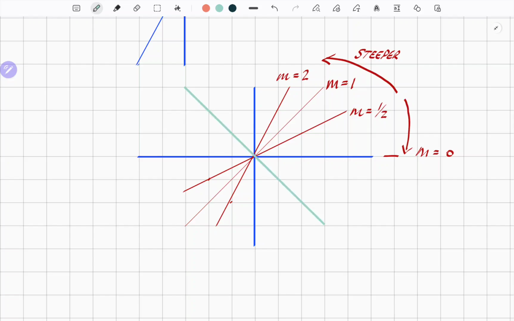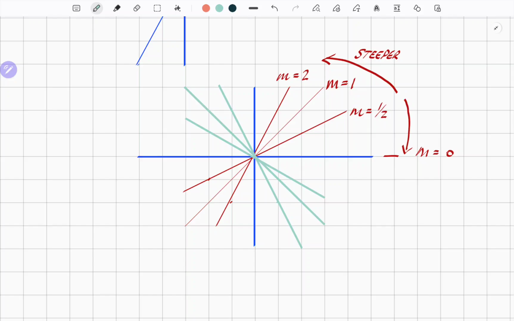There and there, like that, and one more like that.